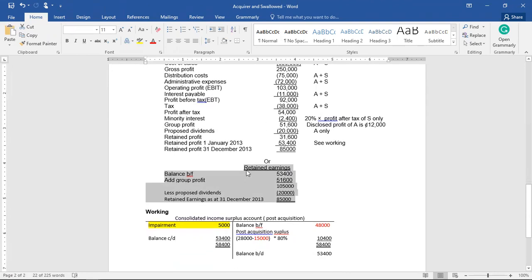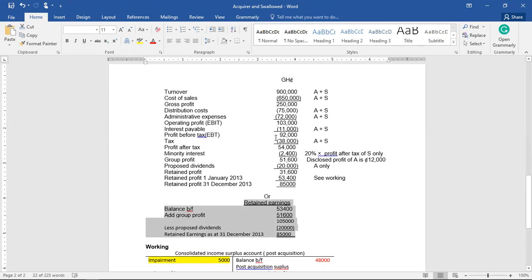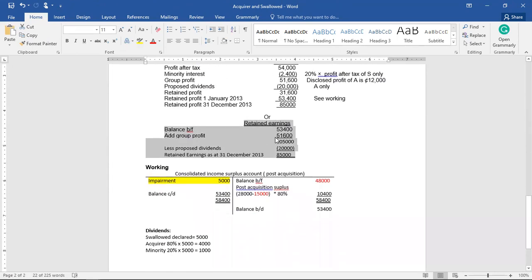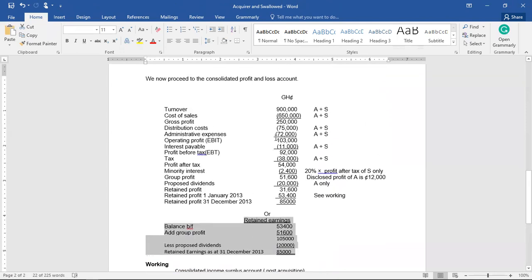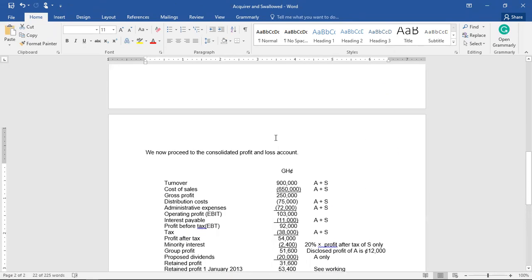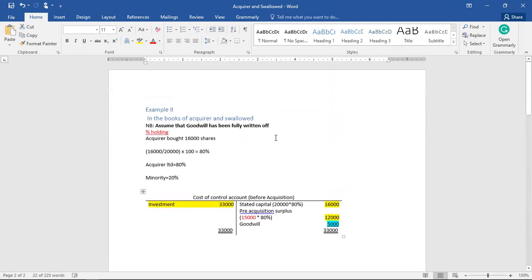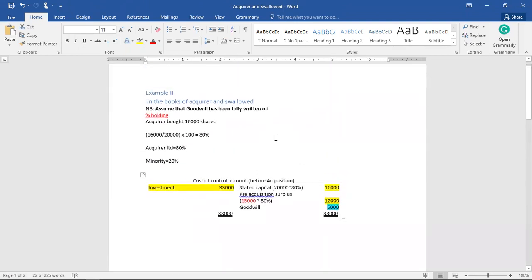You can either detach it from the income statement itself, or you can just add it to it. Okay. So for the acquirer and swallowed question that you were given, this is basically how you are going to solve the particular question. And I don't think it will take you more than 5 minutes to solve this question and present it as your solution for the assignment.